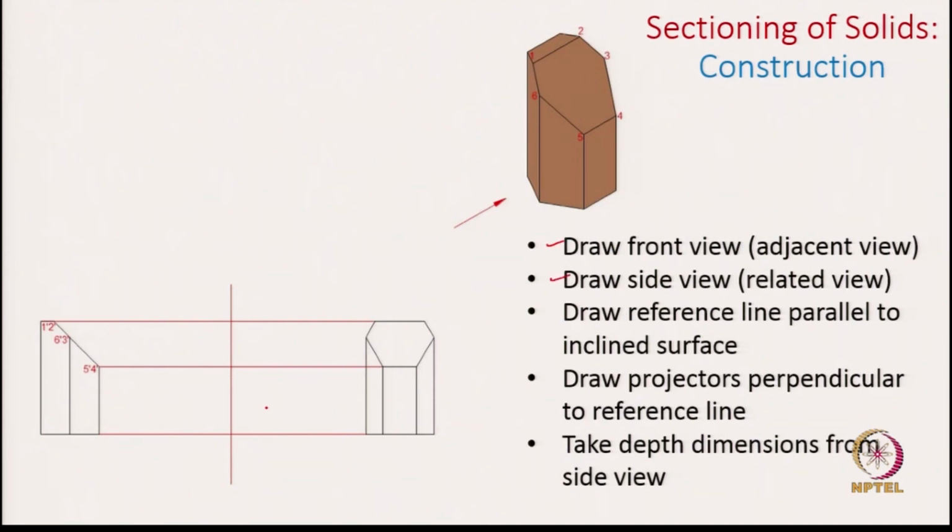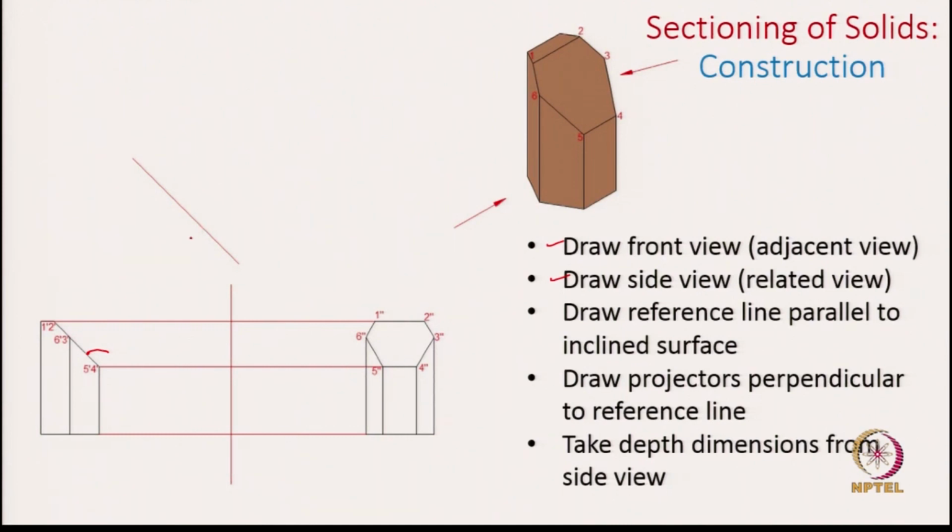Then we need to draw this reference line which is parallel to the surface of interest. This, we said, is the surface of interest which appears as an edge. So, the reference line is parallel. You might be confused about how far or how close this reference line should be.